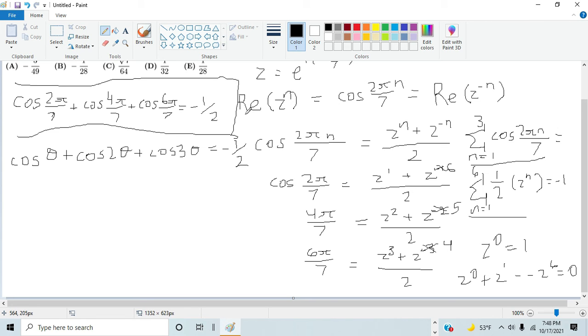Well, the interesting thing is that if we just set cos theta to x, we're going to have cos of 2 pi by 7, cos of 4 pi by 7, and cos of 6 pi by 7 be the roots of the resulting polynomial.